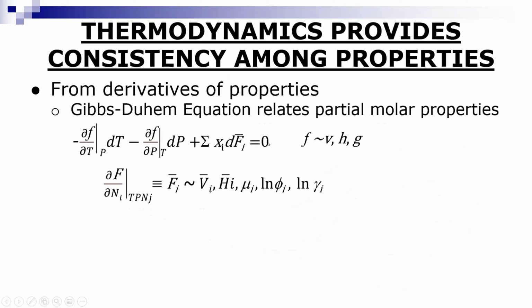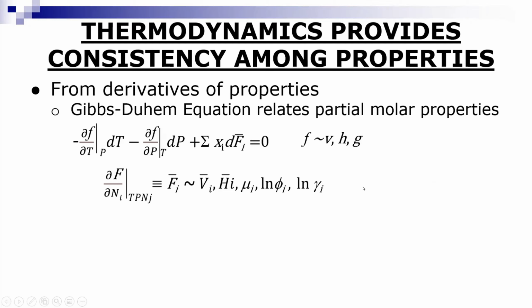This is the generalized Gibbs-Duhem equation, where F can be volume, enthalpy, Gibbs energy, whatever. And the partial molar property would be the partial molar volume, the partial molar enthalpy, chemical potential, or the log of the fugacity coefficient. So any of these can be put into this equation.